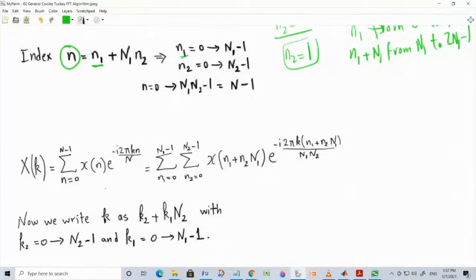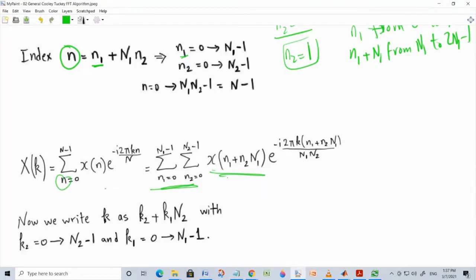Here is the formula for the DFT. And now I will apparently complicate things. Rather than using the index n, I will use these two new indices, to match the idea that now our signal is two-dimensional.